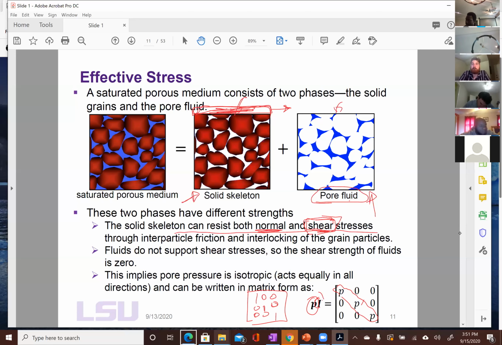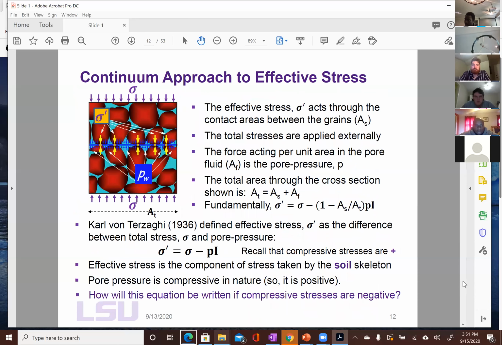So you will see this expression in your definition of effective stress. So shear strength of fluids is 0. Shear strength of pliable shale is 0. Any question? You can stop me at any point to ask questions.